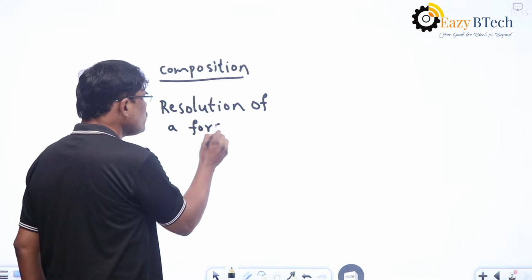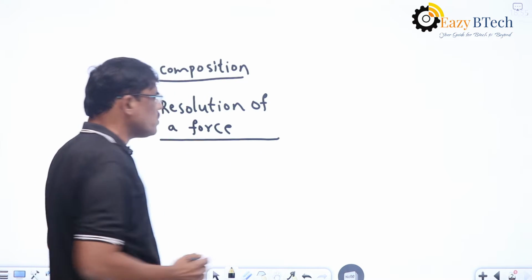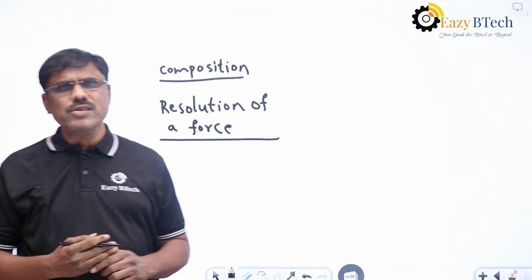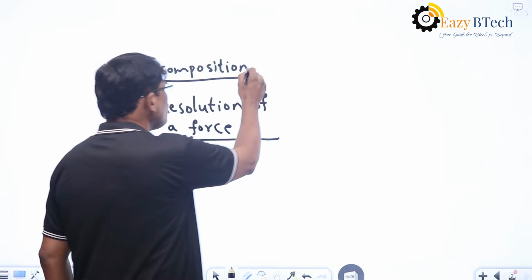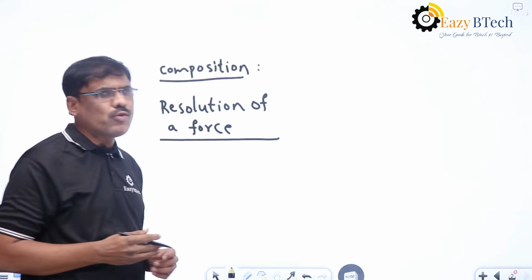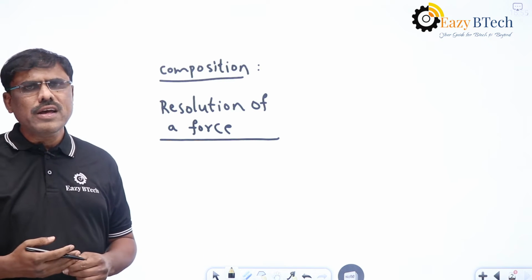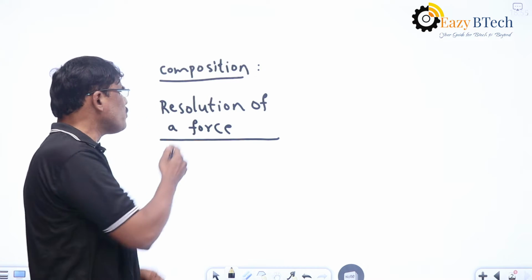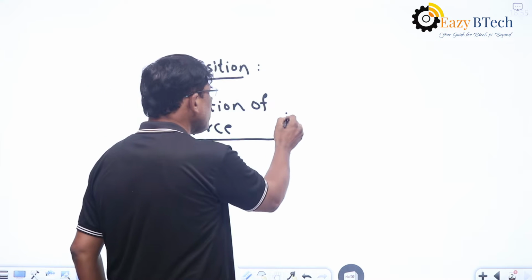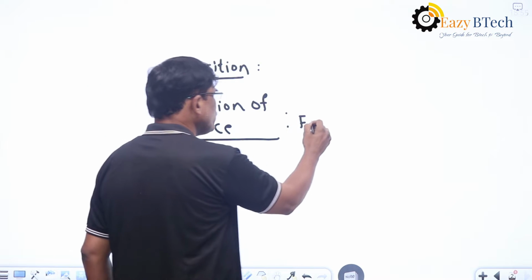To find the resultant of the given forces, we need the resolution of a force. Composition means if more forces are there, they are replaced by a single force which produces the same effect, whereas resolution means dividing a force into its components.